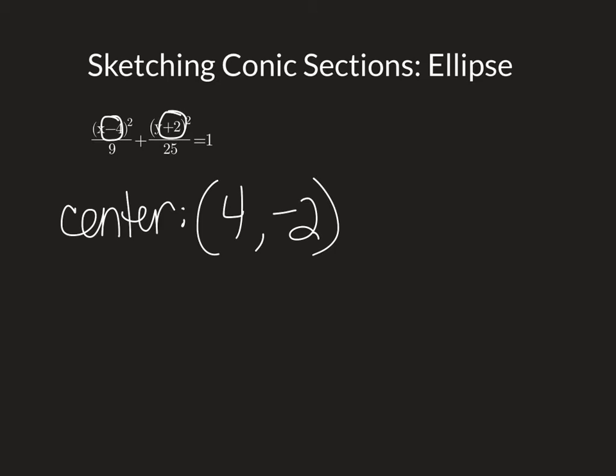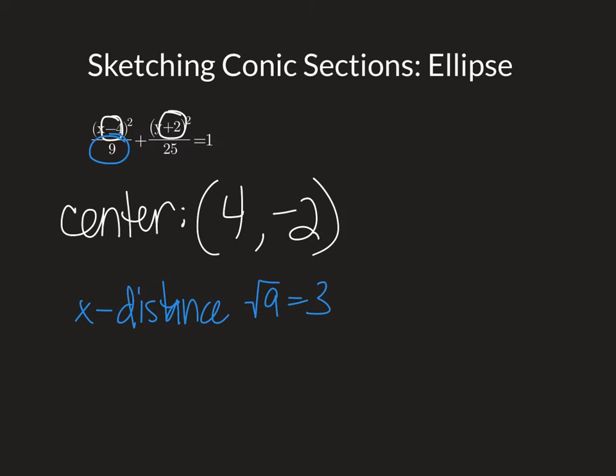Now we need to look at something else, and that's the numbers underneath. We have 9 underneath the x, so we're going to go in the x distance from your center the square root of 9, in other words, 3 in every direction, left and right.